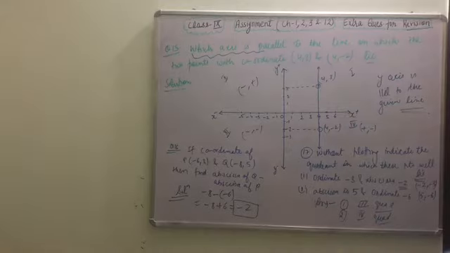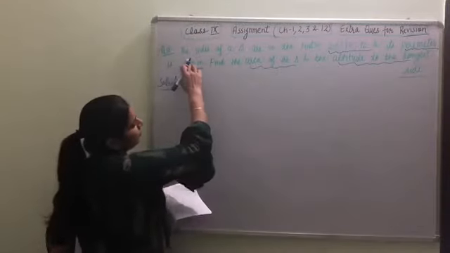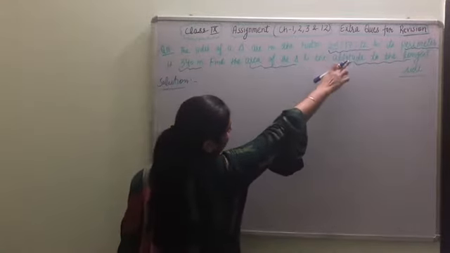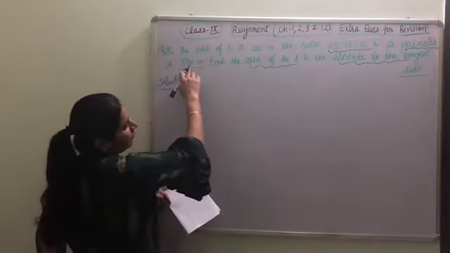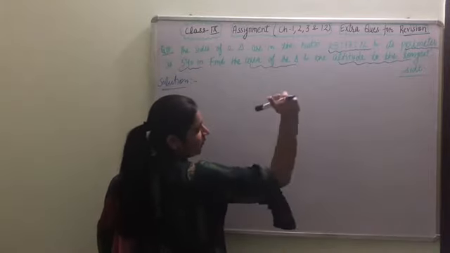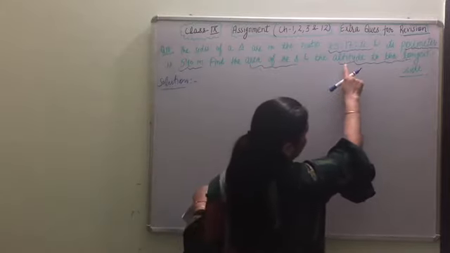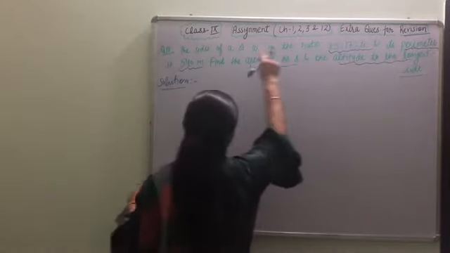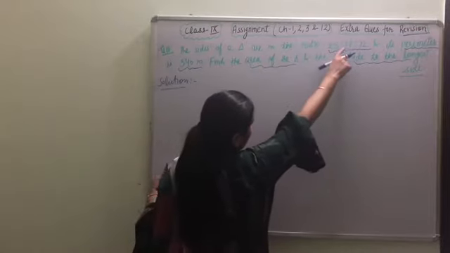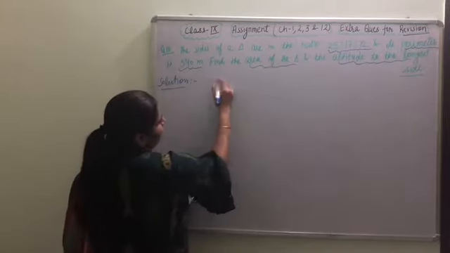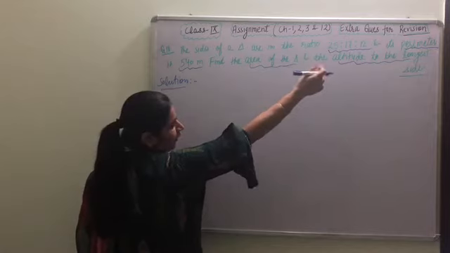Now next question, 18th question. The sides of a triangle are given in this ratio. Its perimeter is also given, and we have to find the area. Two subparts are there. In the first part we have to find the area, and in the second part we have to find the altitude to the longest side. Here the given sides are in a ratio, so we introduce a variable.